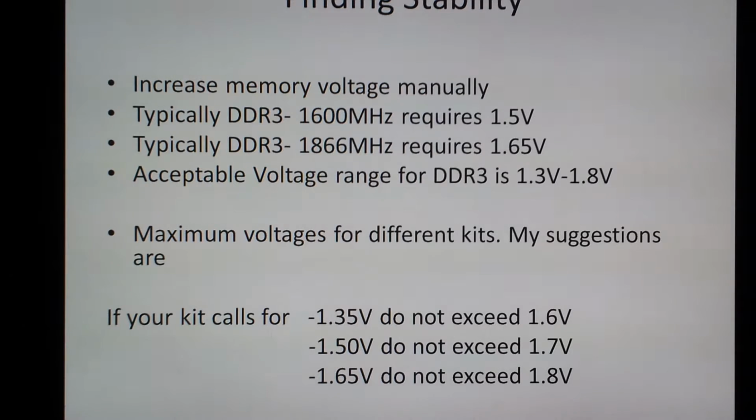For the maximum voltages for different kits, my suggestions are: if you have a kit that is suggested to run at 1.35 volts, do not exceed 1.6 volts when trying to find stability. At 1.5 volts, do not exceed 1.7 volts. At 1.65 volts, do not exceed 1.8. In my case, my XMP profile suggested 1.65 volts.